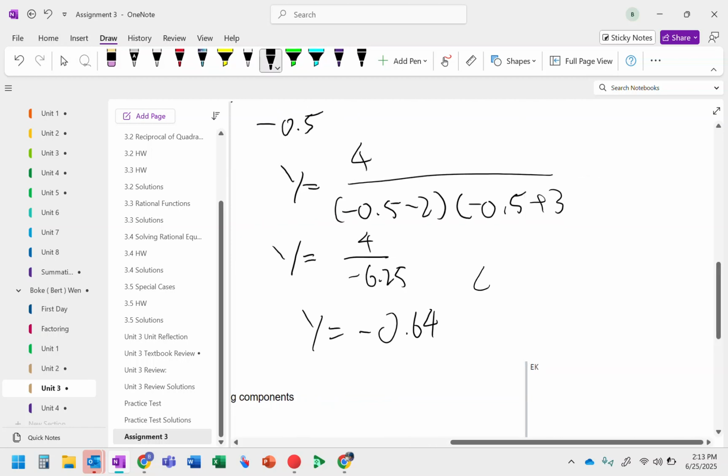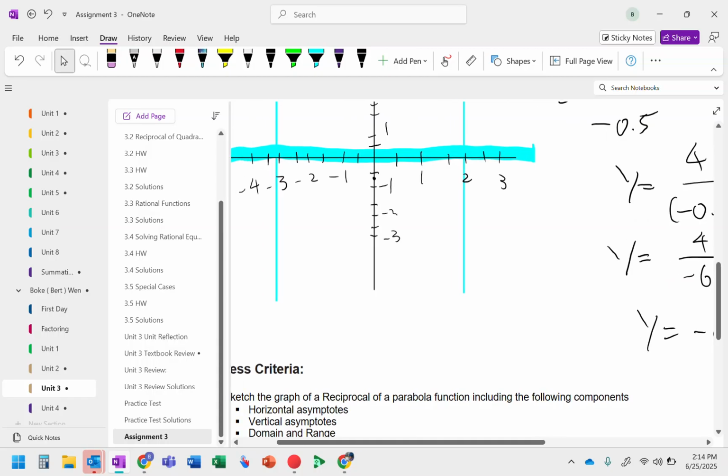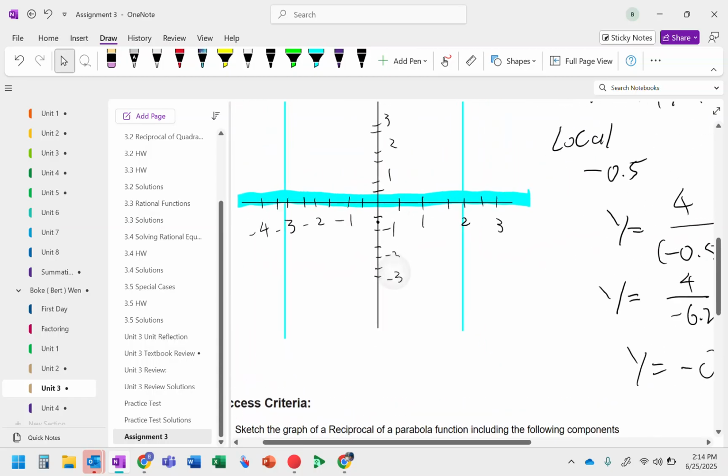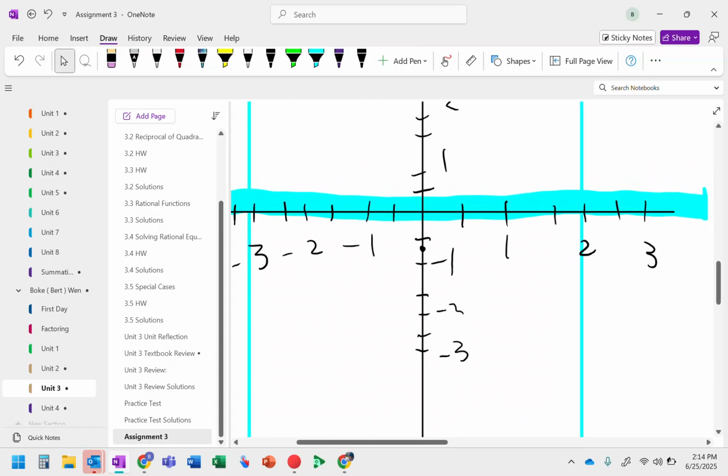Our local maximum will be -0.5 as the x, and -0.64 for the y, and we're just going to plug that in. So it should be around right here.